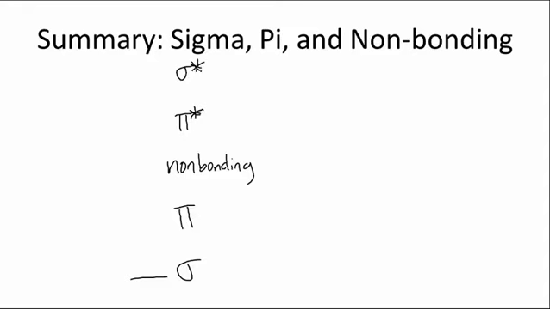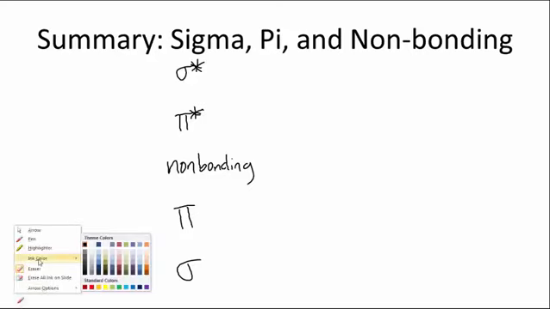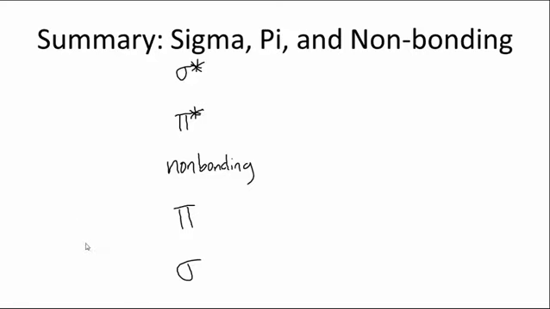So the summary is that in general, we have sigma, we have pi, we have non-bonding, pi star, and then sigma star. And within each category, we split them based on electronegativity.